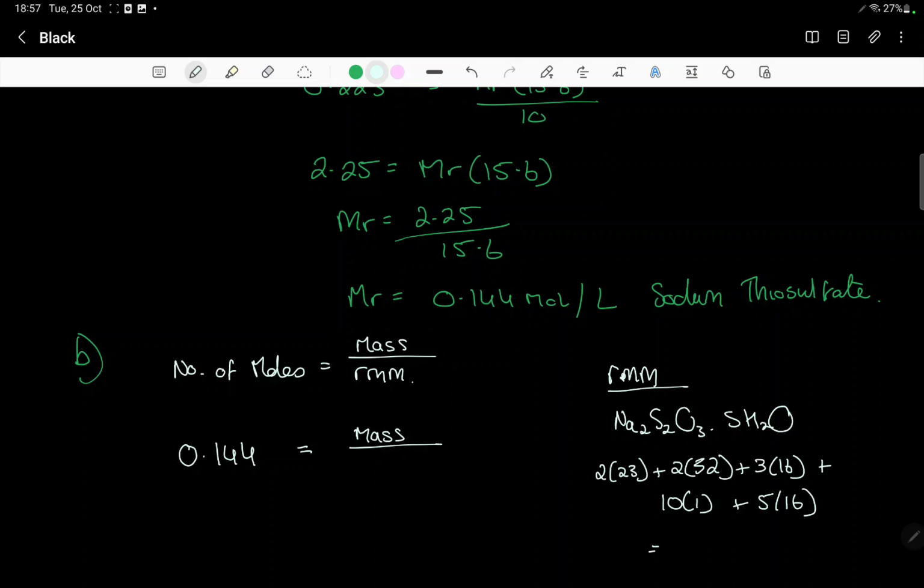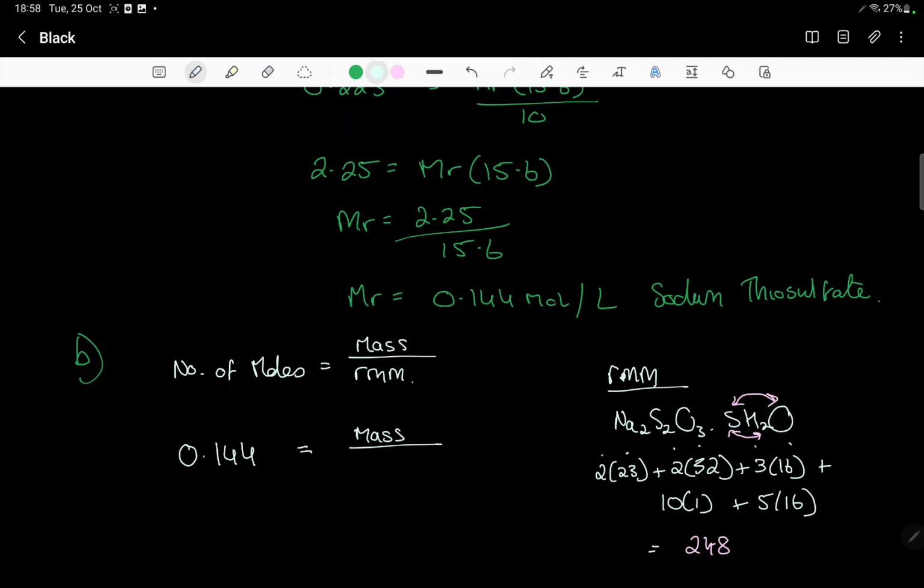So what I've done is I've looked up all of the relative molecular masses of the single elements. 2 times sodium, we have 2 sulfurs, 3 oxygens. We have 10 hydrogens because the 5 and the 2 multiply together to get 10. And we have 5 oxygens, 5 times the single oxygen. Multiply all that together and we're going to end up with 248 for the relative molecular mass of the substance.